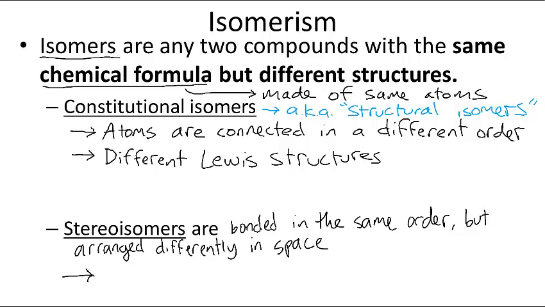So stereoisomers actually have the same Lewis structure, but where the atoms are actually placed when you look at the shape is different. And so first we'll look at constitutional isomers, then I'll show you one example of stereoisomers, but there are others that we won't get to.